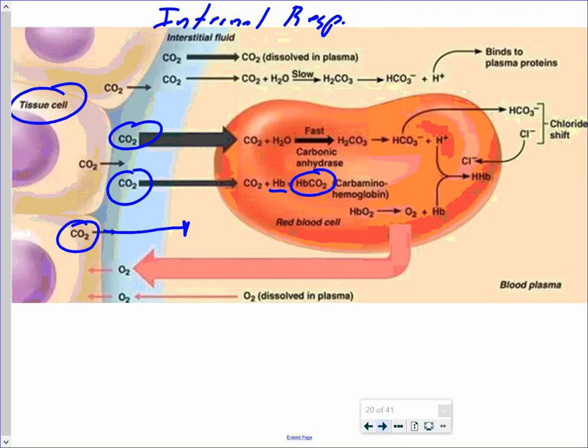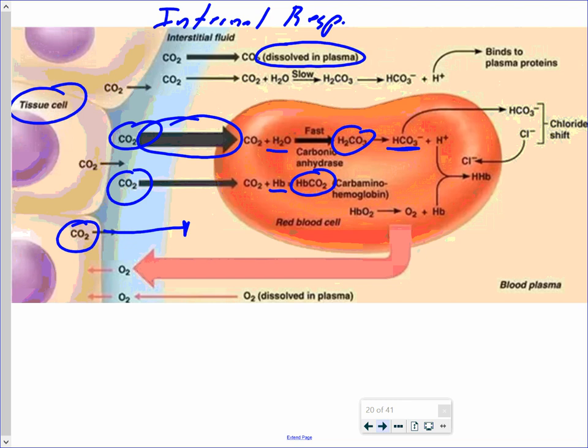That's one of the ways that we can transport that carbon dioxide. We can have the carbon dioxide dissolving in the plasma. And again, if you take a look at the size of the arrow here, what it's showing is that this is how most of the carbon dioxide is transported, reacting with water, carbonic acid, bicarbonate ions.